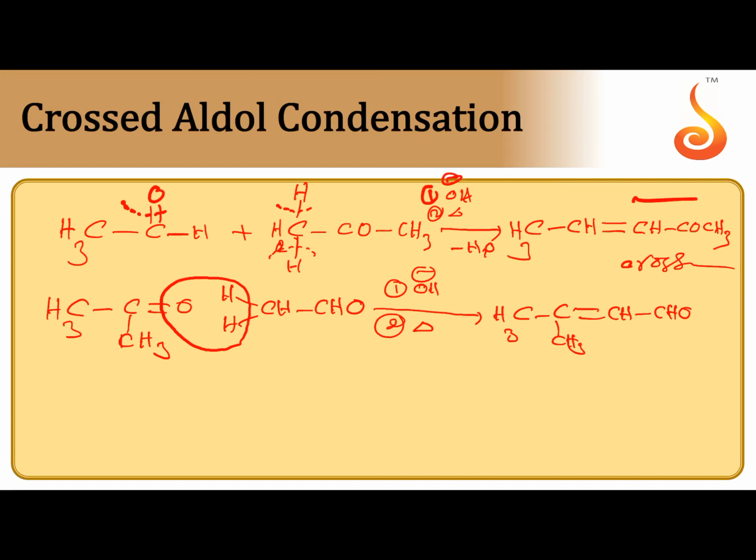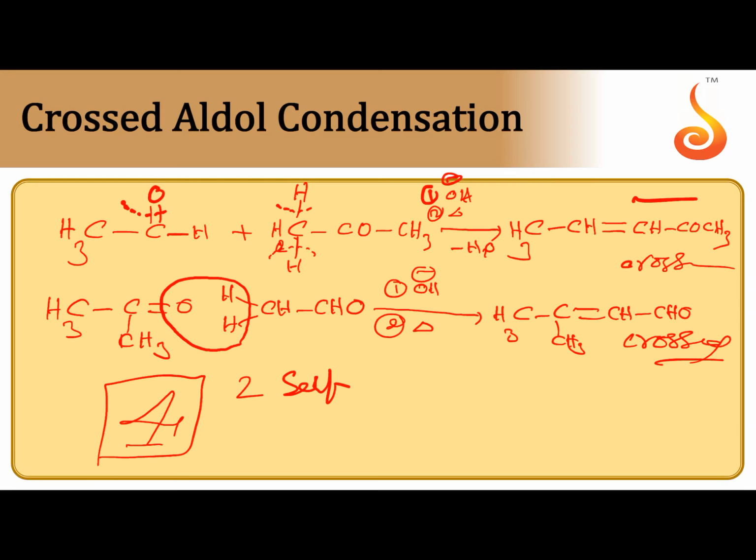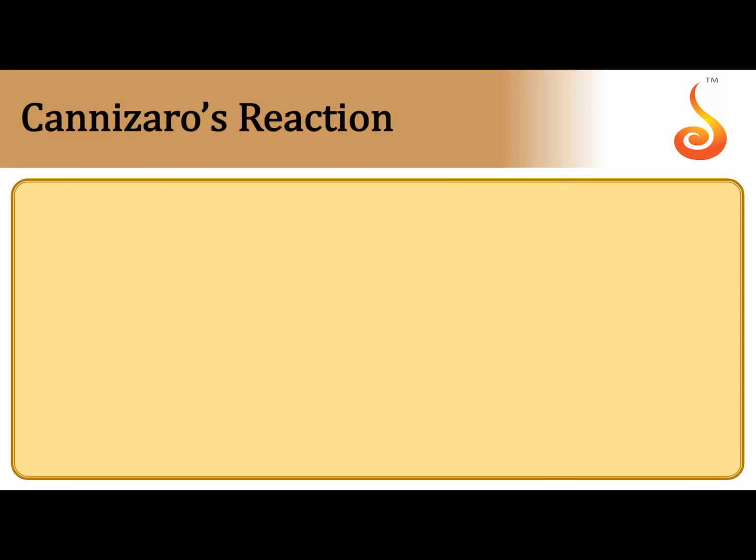Again an alpha beta unsaturated aldehyde. This is also a crossed product. So sometimes aldehyde plus aldehyde gives a self condensed product, and acetone plus acetone is also self. So the total number of condensed products is 4: 2 self condensed products and 2 cross condensed products.